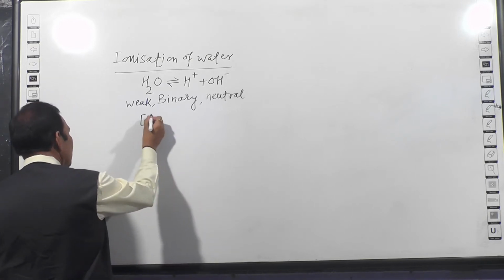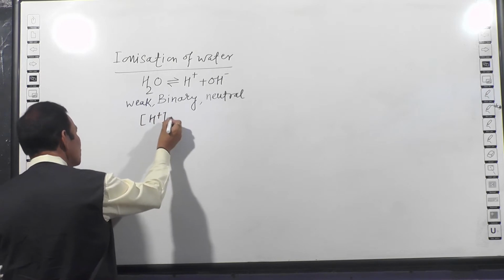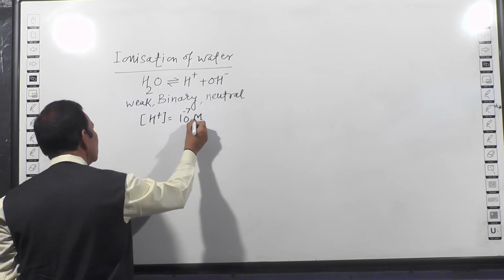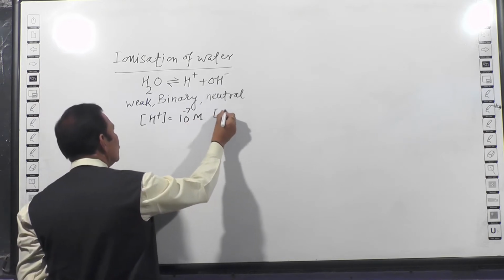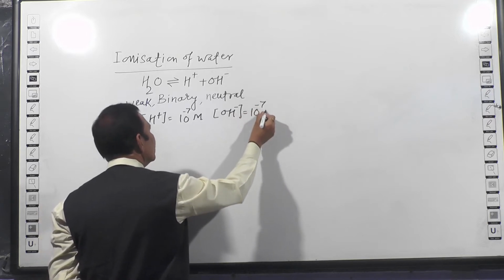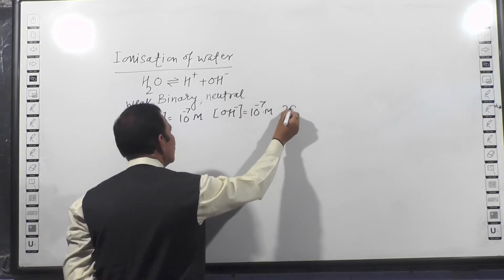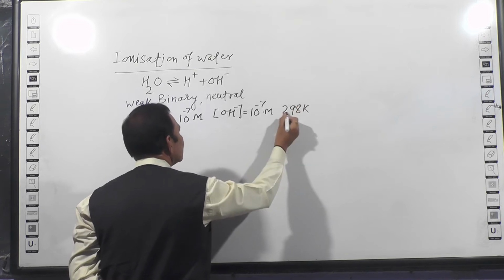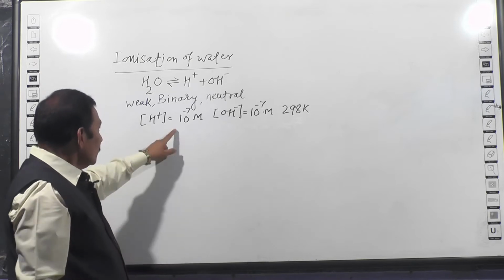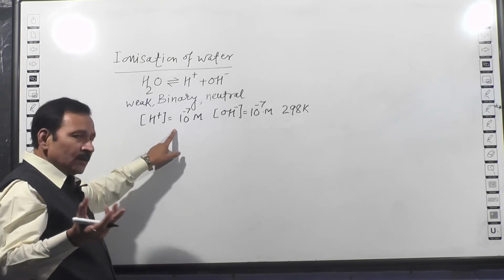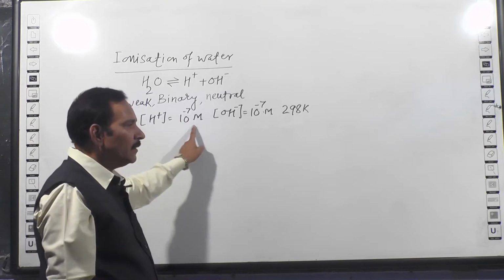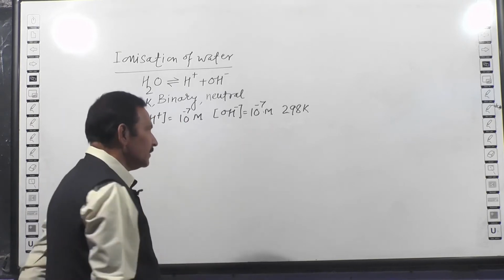Normally, H+ ion concentration in water is equal to 10 to the power minus 7 mole, and OH- ion concentration is also equal to 10 to the power minus 7 mole. This is at 298 Kelvin or 25 degrees Celsius. So the concentration of H+ and OH- is 10 to the power minus 7 and 10 to the power minus 7.